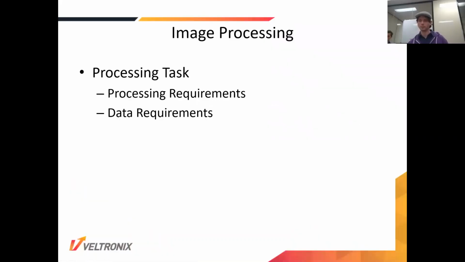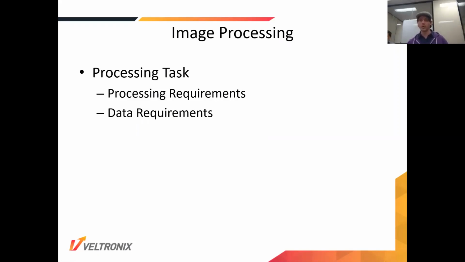So when we're doing image processing on FPGA, it's important that we think about our processing task. In particular, we want to think about the calculations that we're going to be needing to do, and think about the data that is going to be required to finish those calculations.